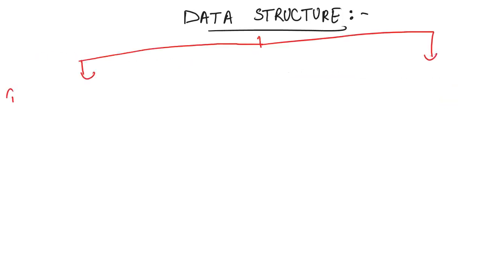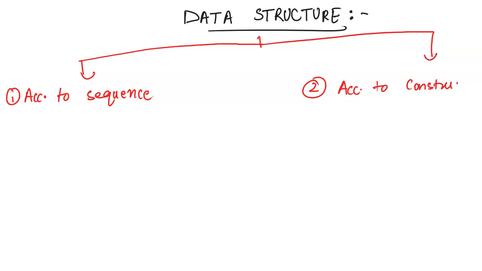First is according to sequence, and the second one is according to construction. Let us see first the one according to sequence. This is known as the basic data type, and it is also divided into two types.